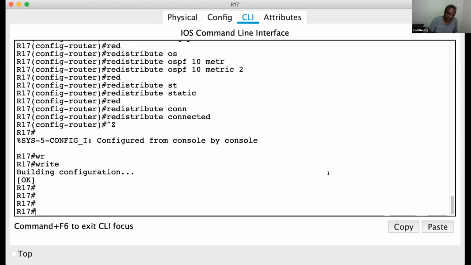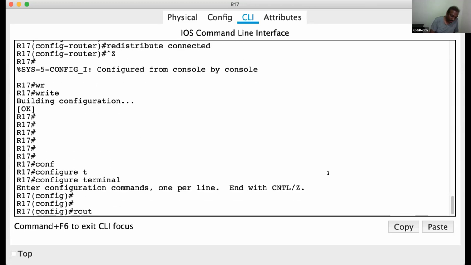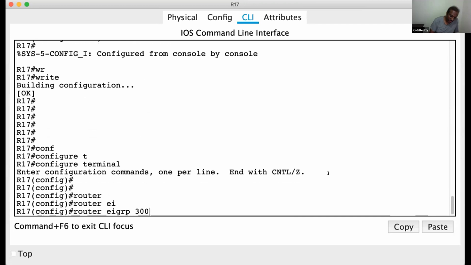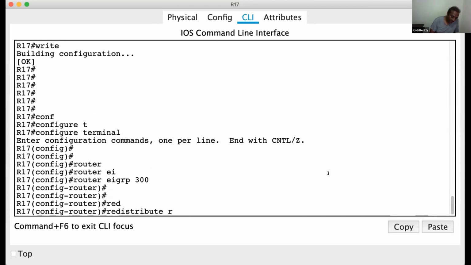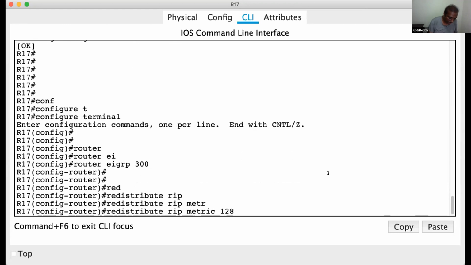I go to R17, configure terminal, router EIGRP 300, redistribute RIP protocol with metric 128 20,000 150 150 1500.